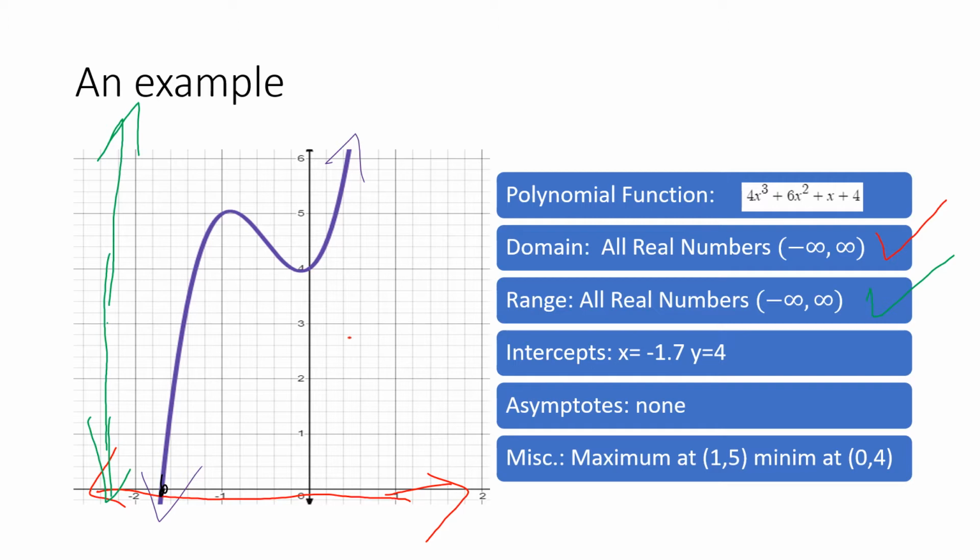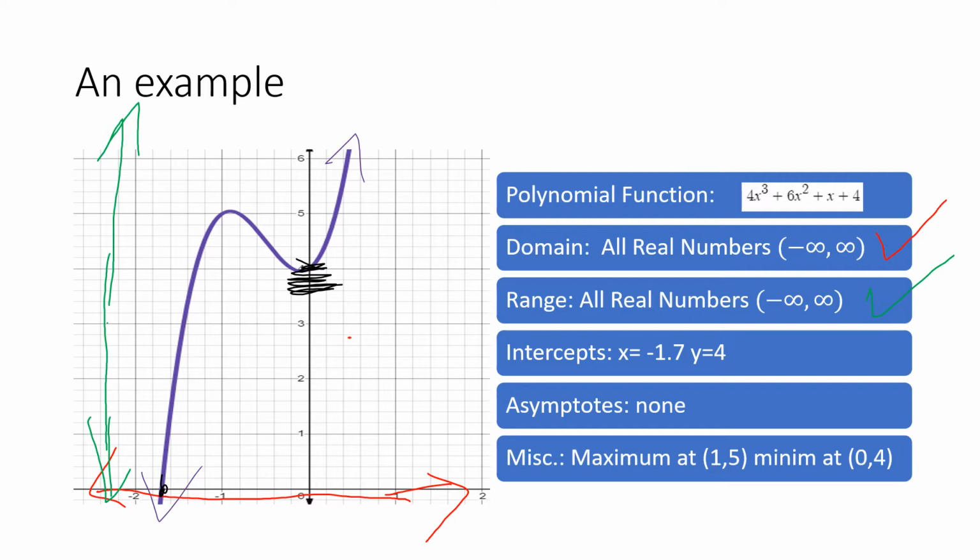And the y-intercept: when it touches the y-axis, I get 4. Do I have any asymptotes? No, I don't, because the graph keeps going and going. There's not a stopping point for this function.